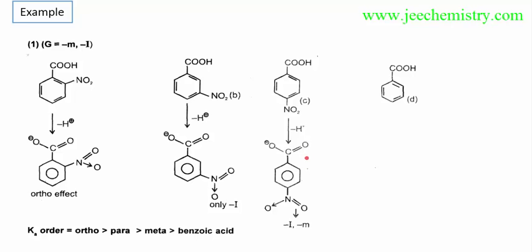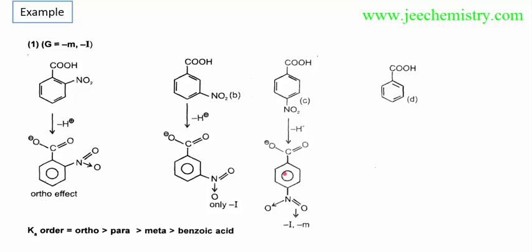Now these two compounds. If we make the conjugate base, this compound will form, with a minus charge. There is no need to make the conjugate base. The ortho one has a more stable negative charge according to the ortho effect.